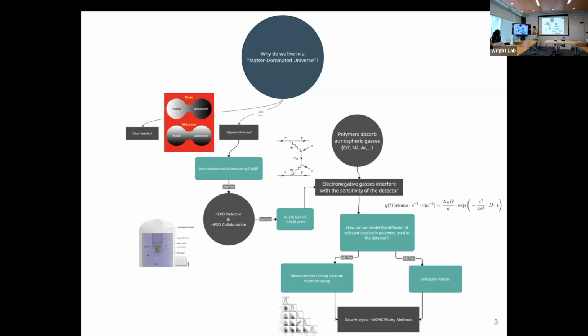So what I'm specifically doing is I'm taking this model of diffusion that was created before me, and I am measuring the diffusion of samples in an experimental setup we have downstairs, and doing some statistical fitting analysis to fit our model to the measurements that we take.